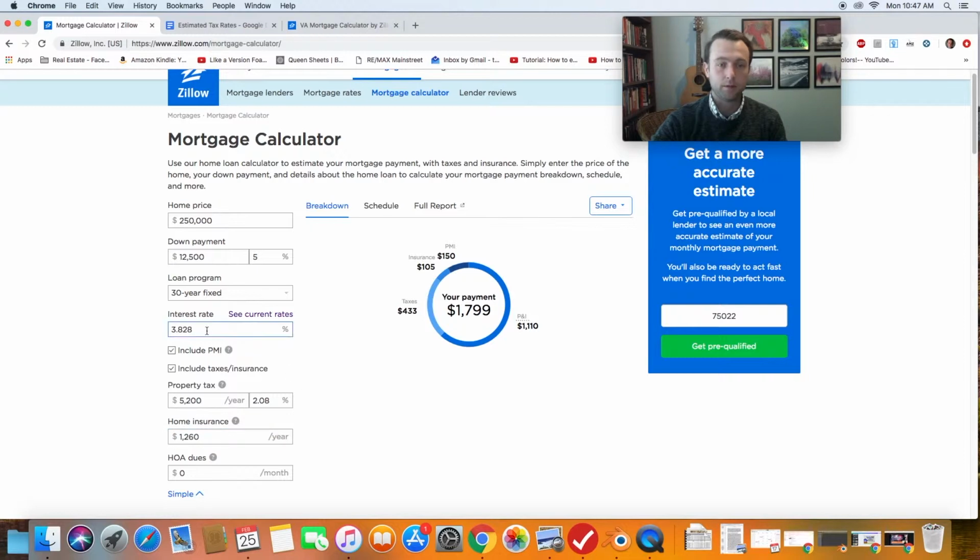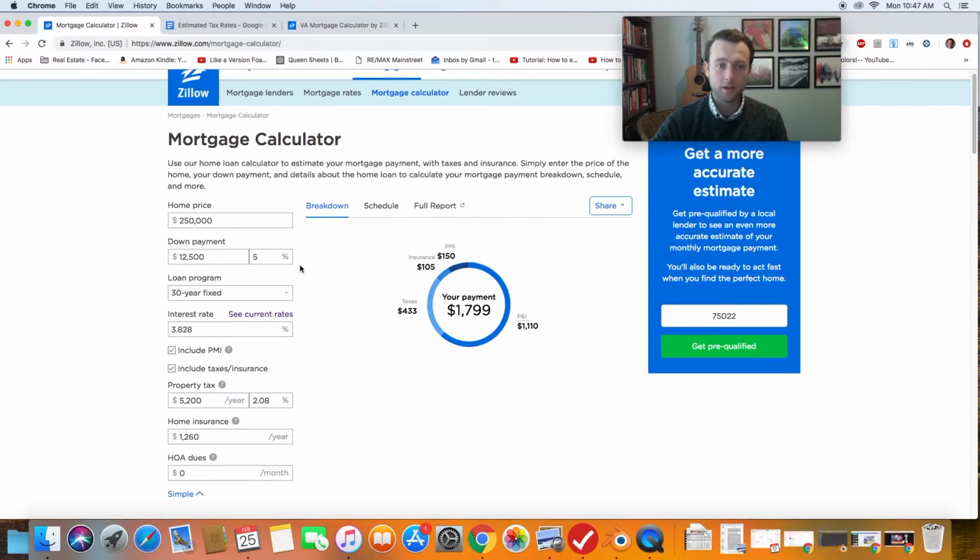And then back up here, interest rate. Again, this is a national average, so I'm sure that's going to be relatively accurate depending on whatever day you're looking. Interest rates go up and down every day, so keep that in mind. But this again will help you get an idea, and you shouldn't change this too much if it's a little off.